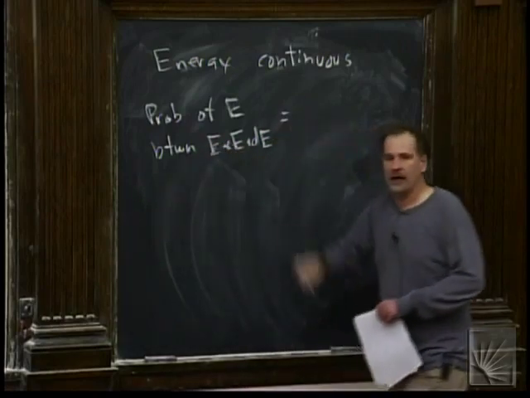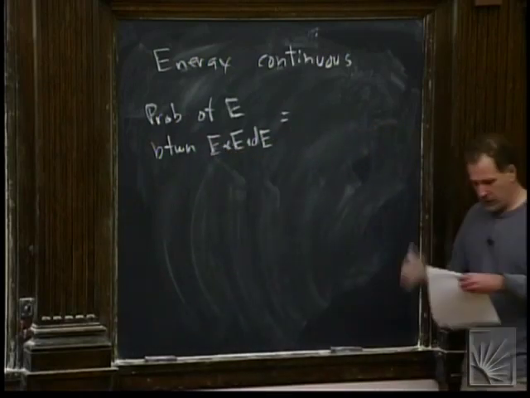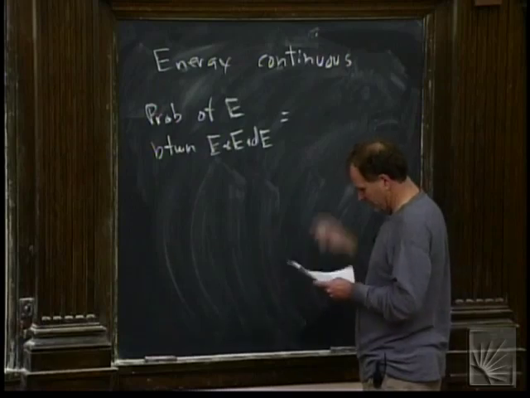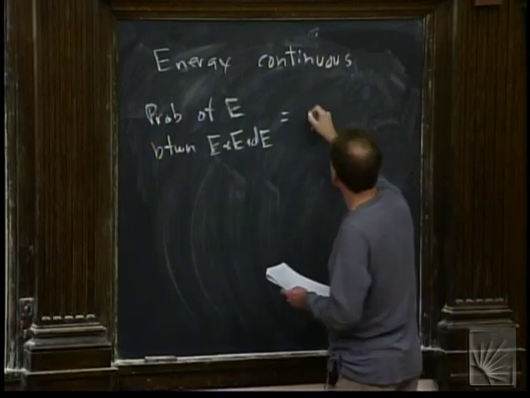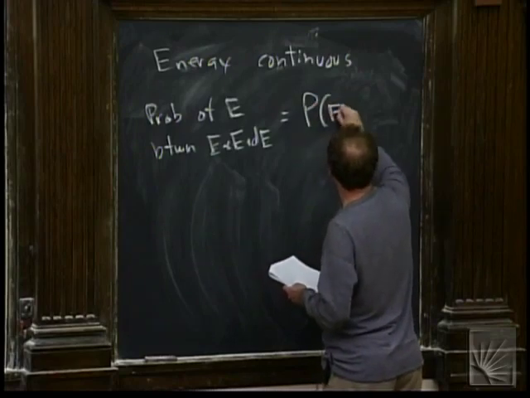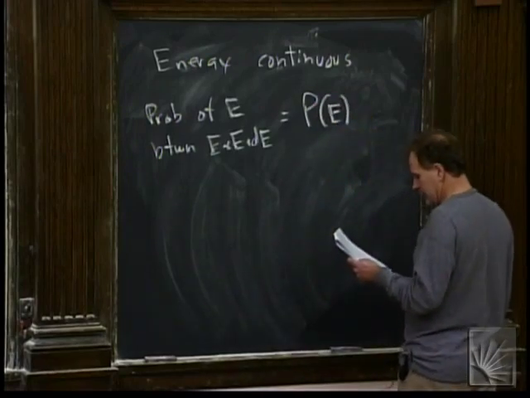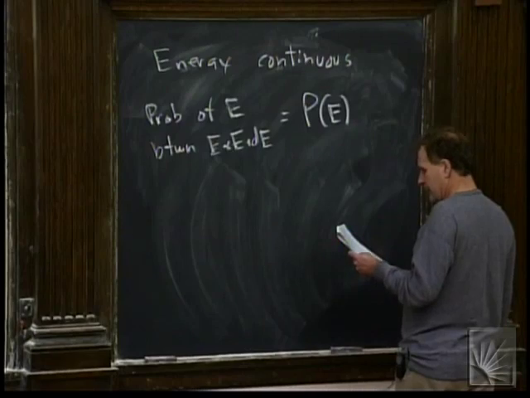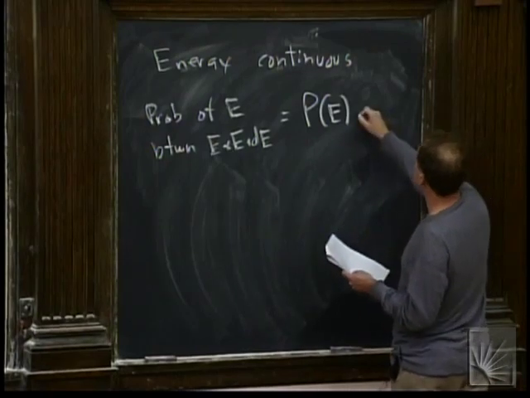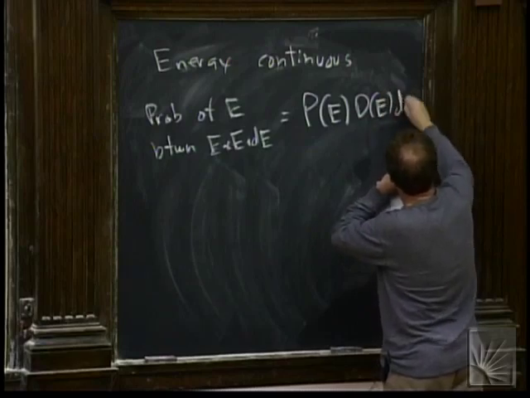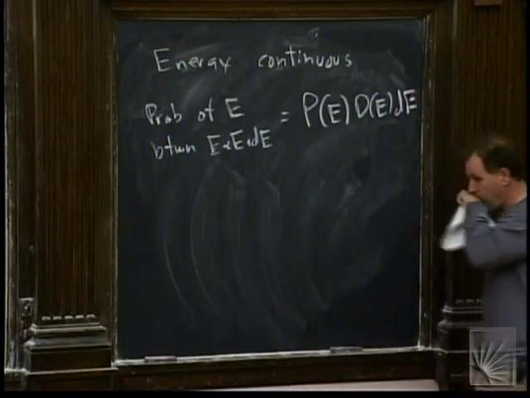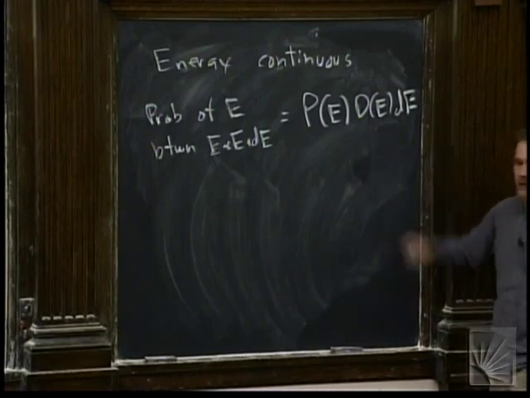I wish there was some shorthand for writing that out. It is just the probability of E, but it's not just times dE.